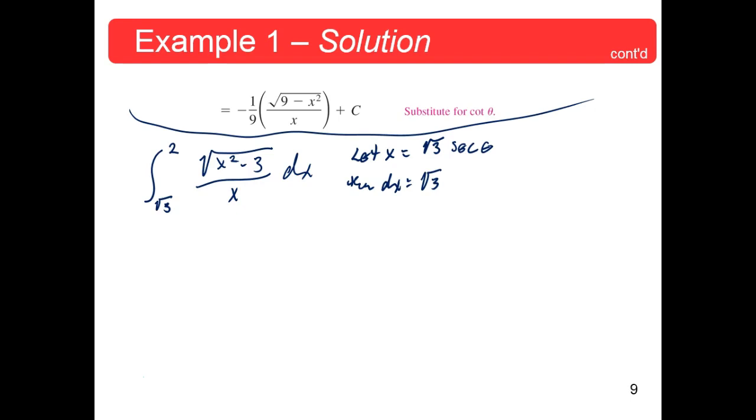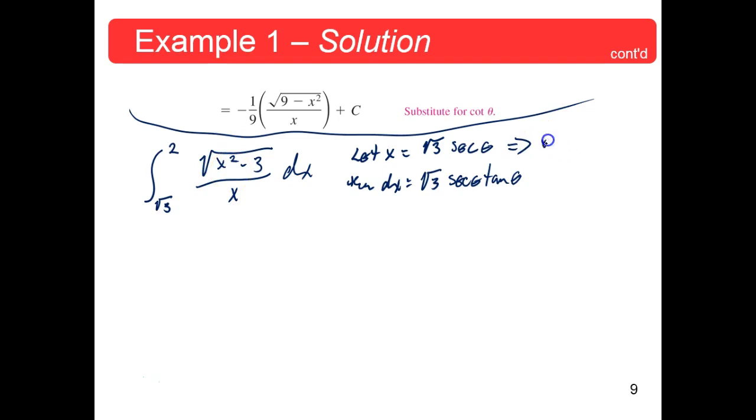This is sort of a strange one. Secant theta tangent theta. That's a weird one, remember? Okay. What else are we going to need to do to it? Going to need to square it, aren't we? Yay or nay? Yeah. Yay.